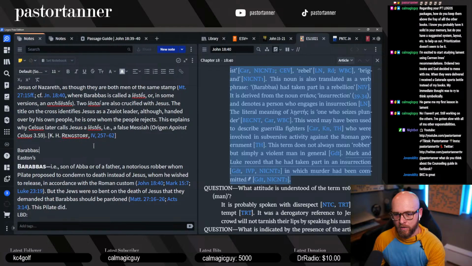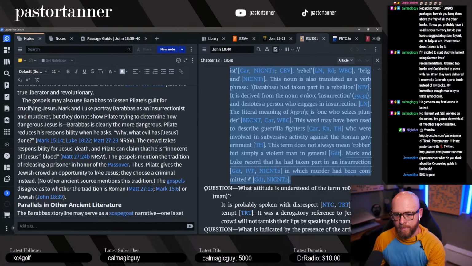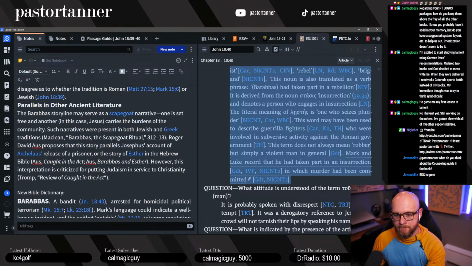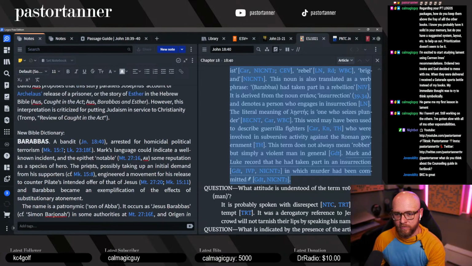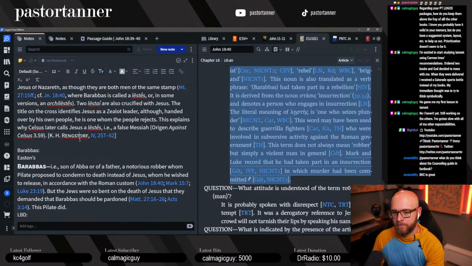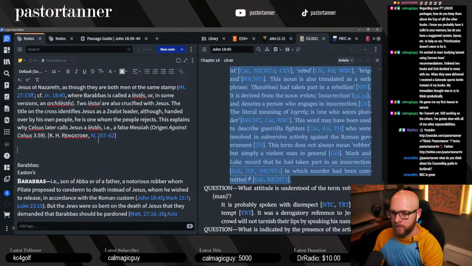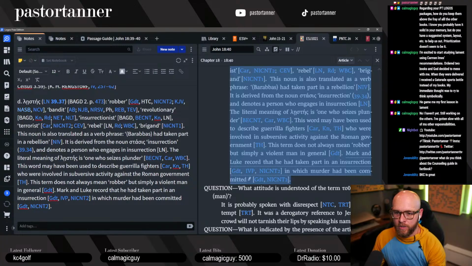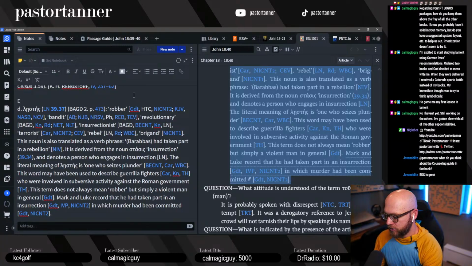Right here, right? Yeah, because all this Barabbas stuff is from when I did the theological dictionaries. So when I was in the lexicons, I was here. So we'll throw this here as well from the exegetical summaries.